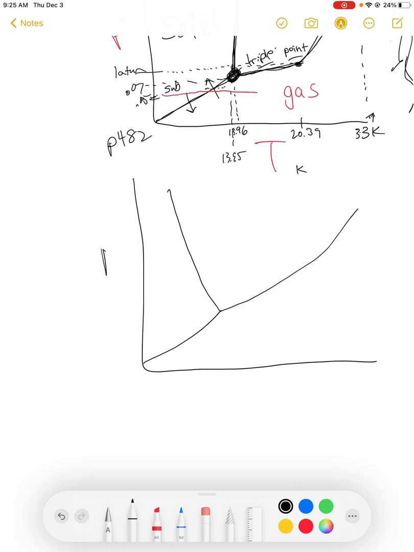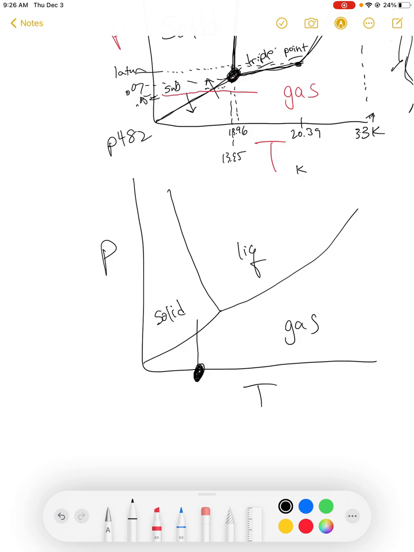So if pressure's over here and temperature's over here, and you've got your solid and your liquid and your gas here, what that means is at a certain temperature, now listen carefully, this is wonky, this gets me every time.